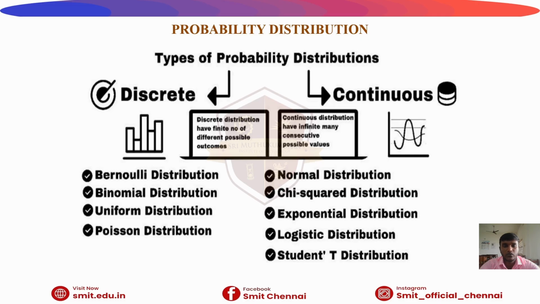Then the Poisson distribution for rare events. Discrete distributions have a finite number of different possible outcomes, whereas continuous distributions have infinitely many consecutive possible values. Understanding distributions helps us model real world phenomena and make predictions.